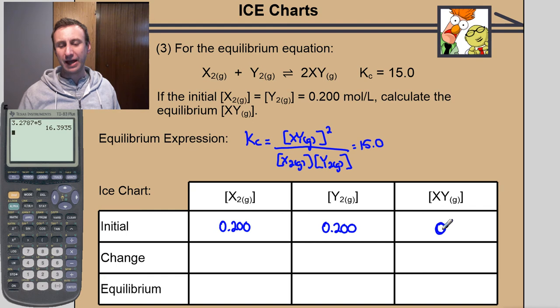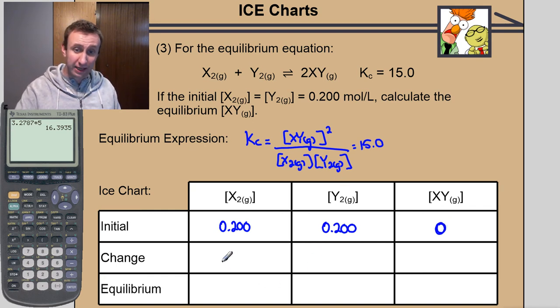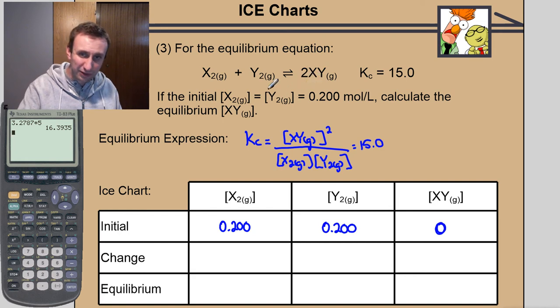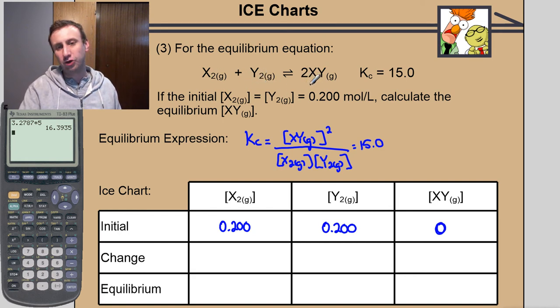So now that I've got that information, let's do some x's for the change. I'm going to have X2 and Y2 go down. They can't go up because I don't have any XY on the product side to go to the left to make them go up. The only thing I have is X2 and Y2 to turn into product, to go towards XY.